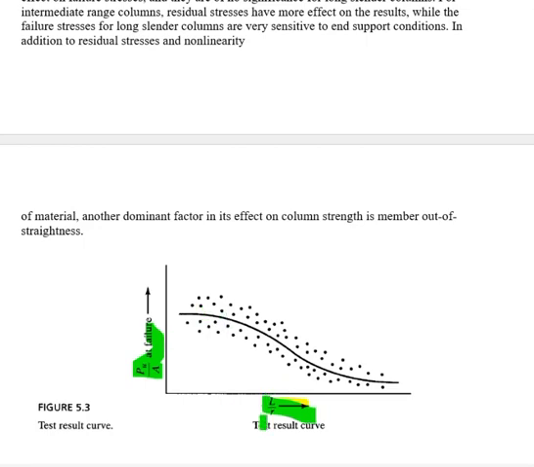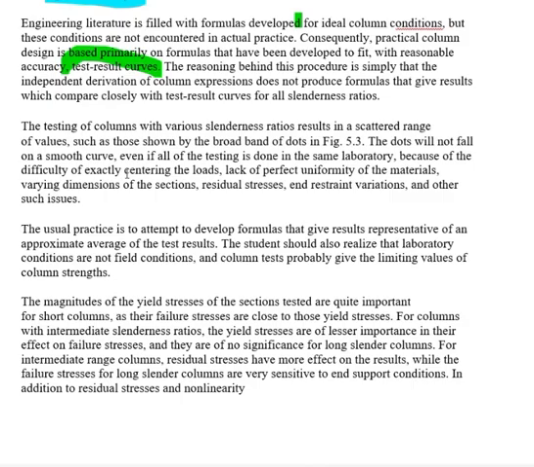So if the slenderness ratio is increasing, the Pu by A at failure is decreasing like this. So if the slenderness ratio is increasing, the failure stress comes down quite drastically. So these are the test result curves.